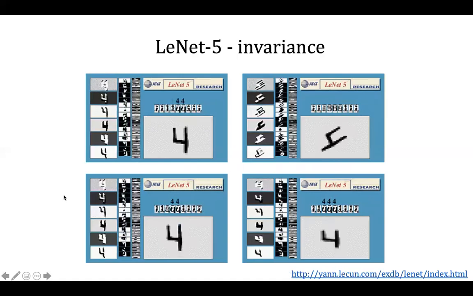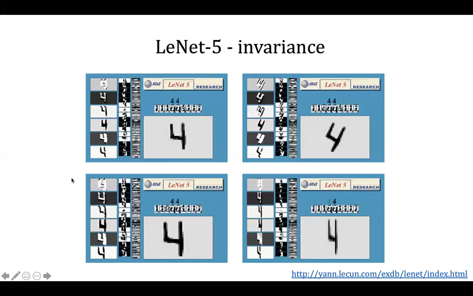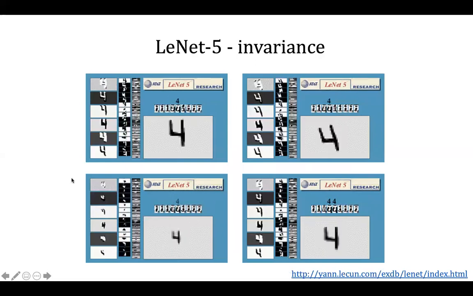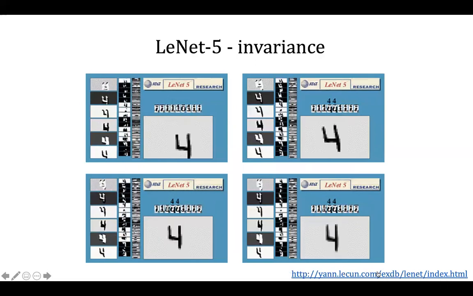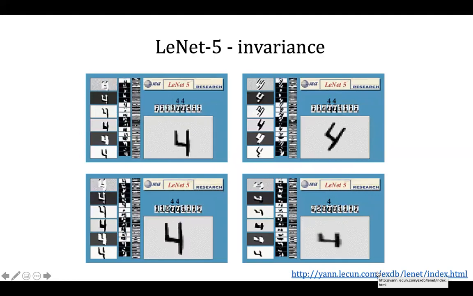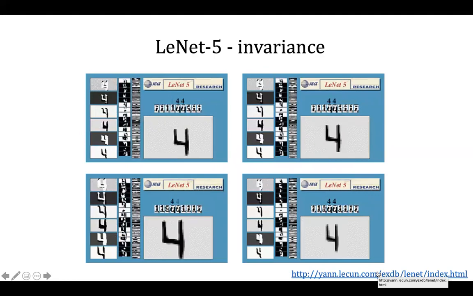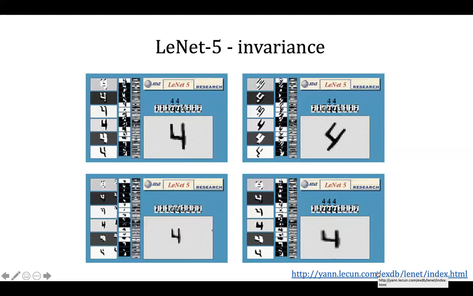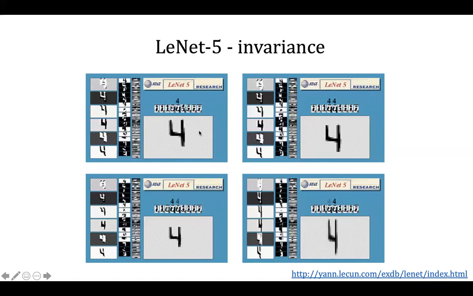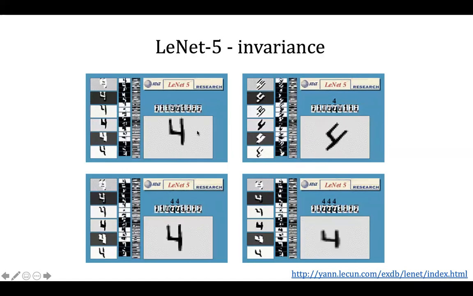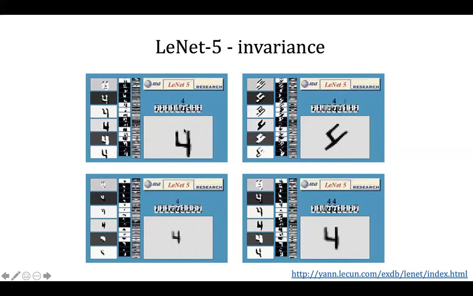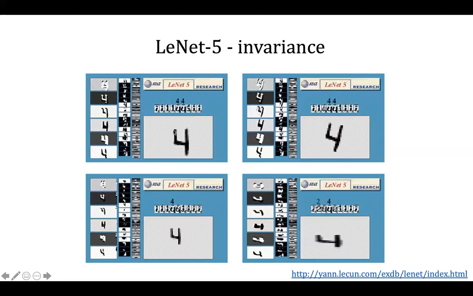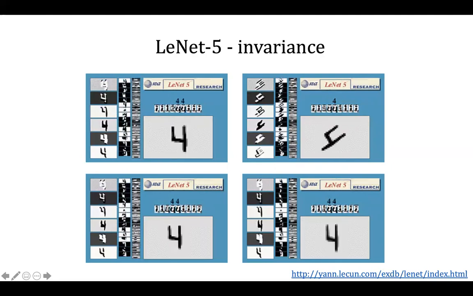Here I just wanted to show these nice animations from the site that is devoted to LeNet 5, and how this network handles different kinds of input transformations. For example, here you can see that this digit 4 is shifted, and the CNN still recognizes it very well.